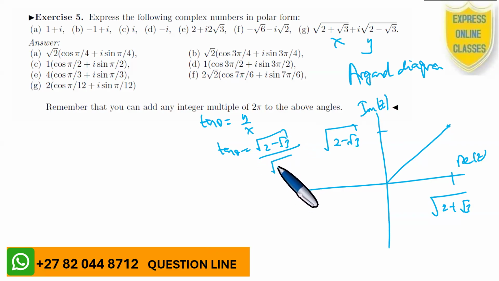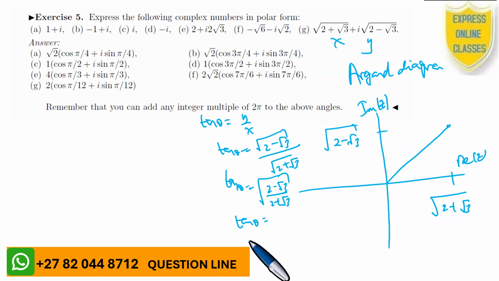The x is the square root of 2 plus the square root of 3. Which is the square root of 2 minus square root of 3 divided by 2 plus square root of 3. So the tangent of theta will actually exactly be this.